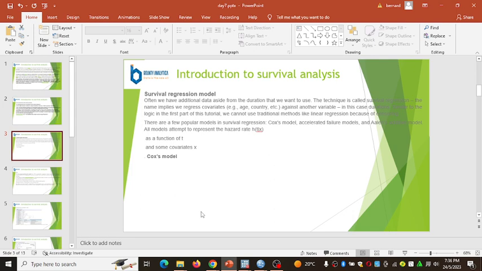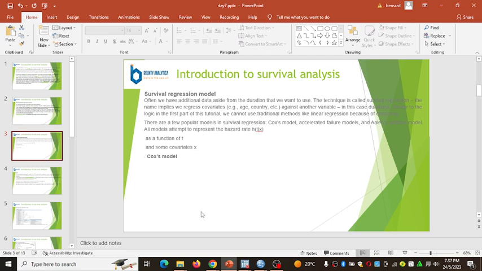These models take into account both the events and the censored observations to estimate the survival function and make predictions about future events.